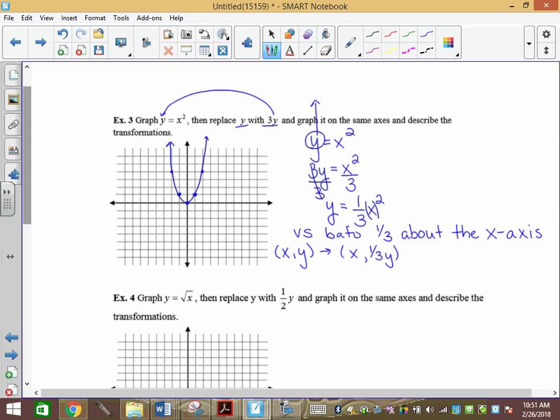Okay? All right. So 0, 0 is going to remain 0, 0. 1, 1 is going to become 1 and 1/3 times 1, so 1, 1/3.